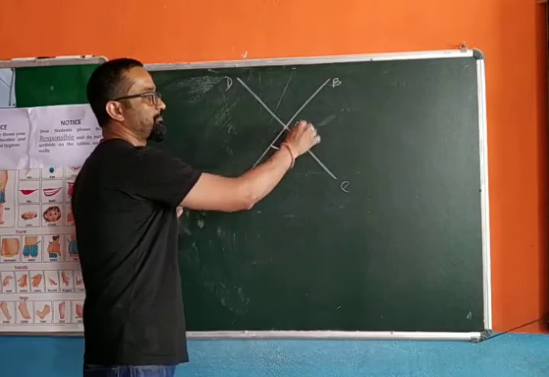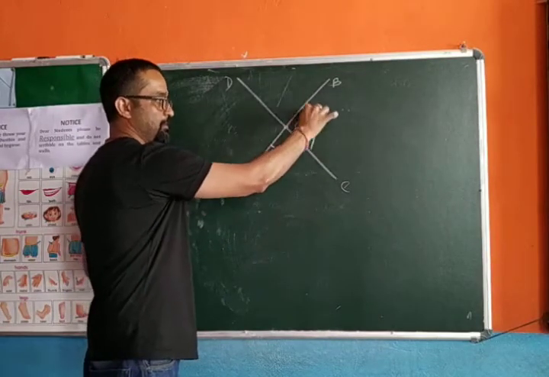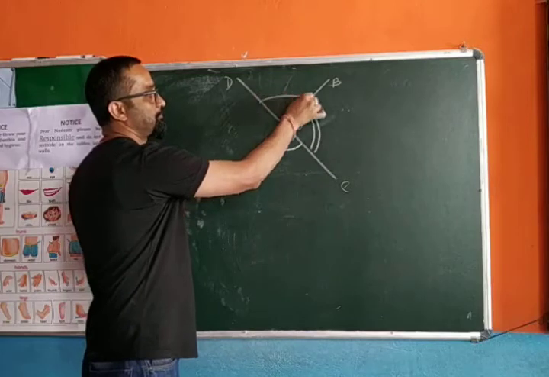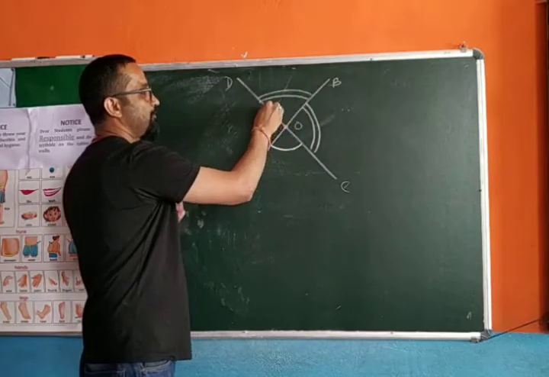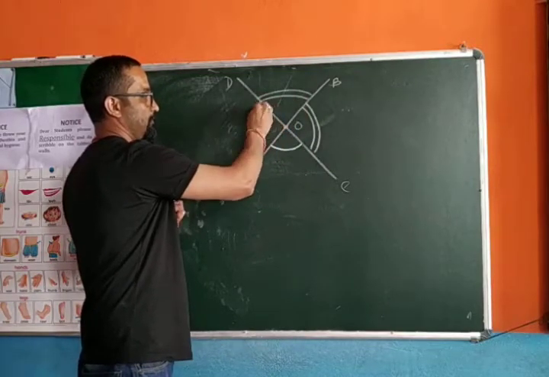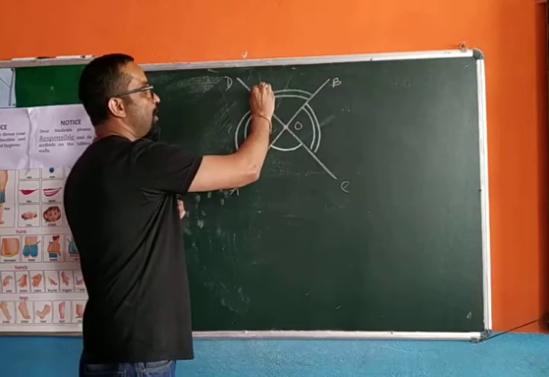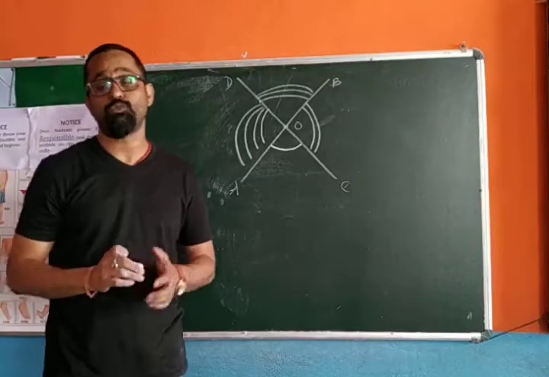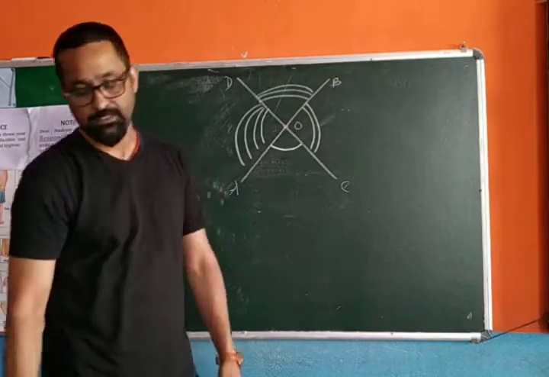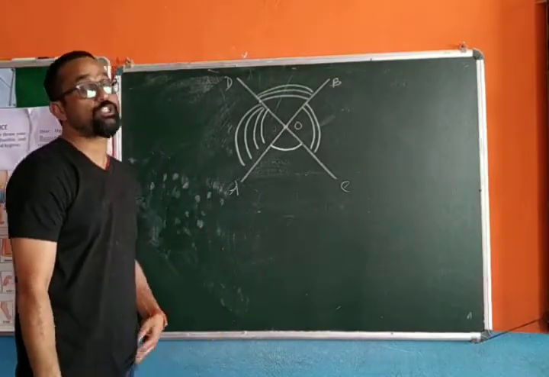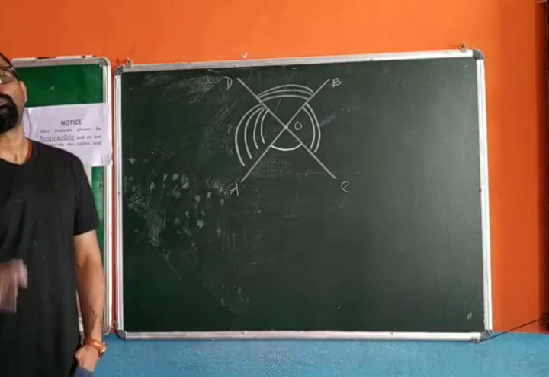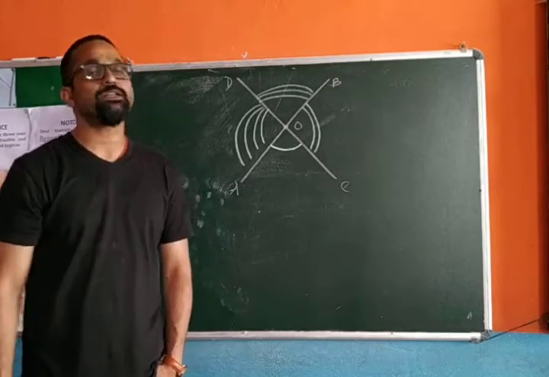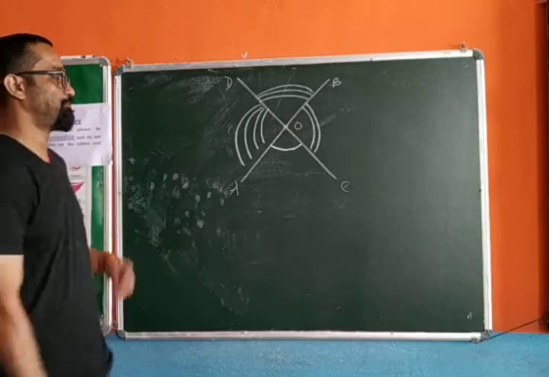First one, second one, third one, fourth one. 4 angles are formed when 2 straight lines intersect each other at a point. Pair of opposite angles are always equal.